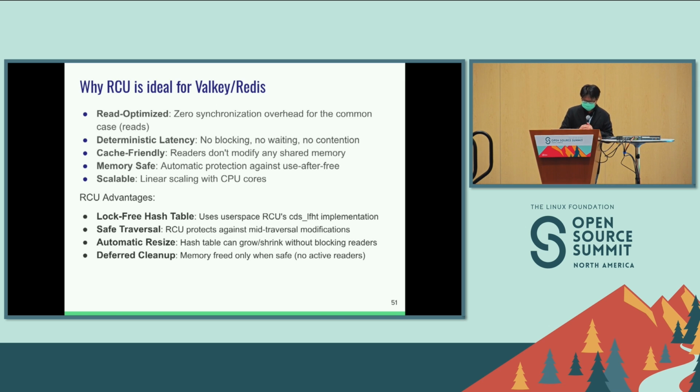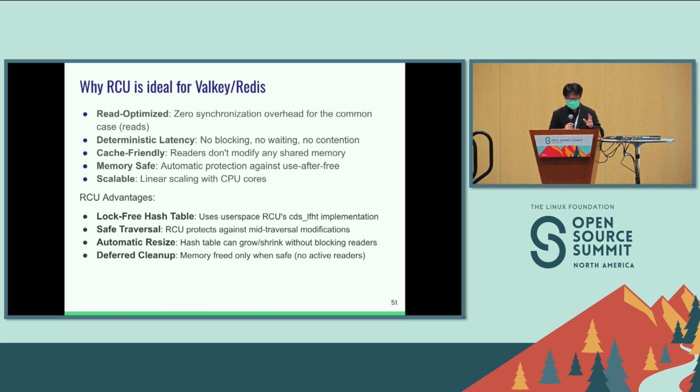And as I mentioned earlier, the memory reclamation can be guaranteed, and the hash table right now can grow or shrink automatically. So this one should be considered if we want to improve the code base of Valkey.